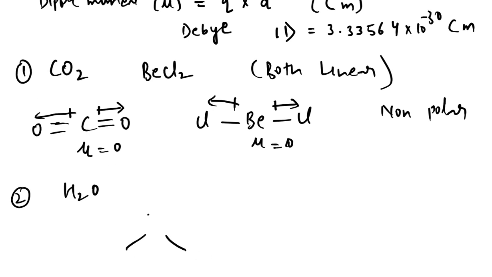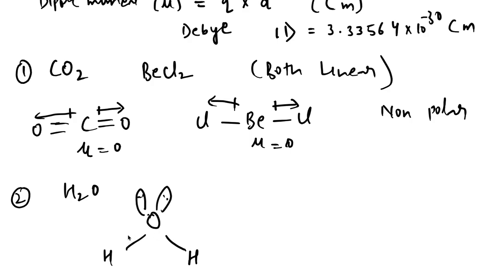Yeah, so this is oxygen, hydrogen, hydrogen. This oxygen has lone pairs of electrons as well. That is why it is not going to have a linear shape. We have not studied shapes yet, we are going to study them in subsequent lectures, but as of now just remember that water doesn't have a linear structure.